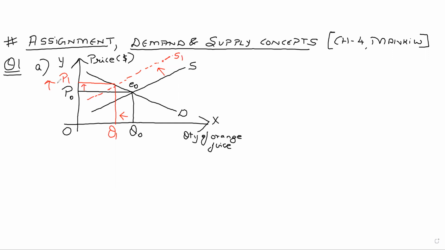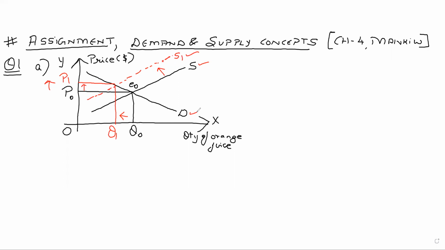We can say that D is the initial demand curve and S is the initial supply curve. Initially, the equilibrium is at point E0. P0 is the equilibrium price. Q0 is the equilibrium quantity. When a cold snap hits Florida, supply of orange juice falls and supply curve shifts to the left from S to S1 while the demand curve remains the same.